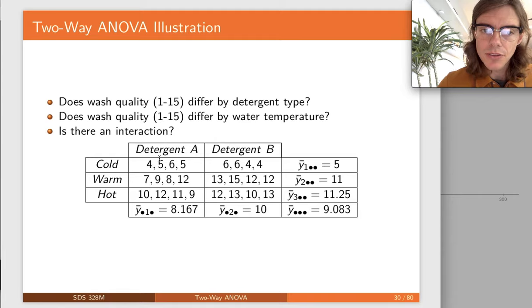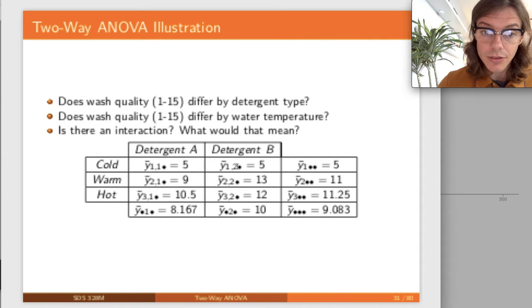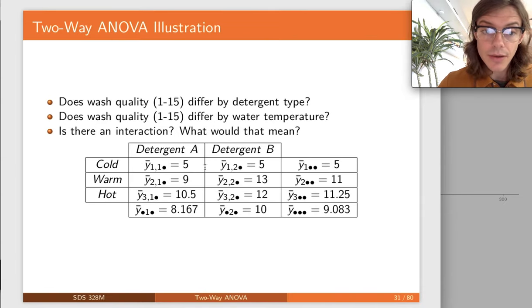If you average 4, 5, 6, and 5, that's 5, and if you average 6, 6, 4, and 4, that's also 5. Those are your two cell means there. Same for warm: detergent A in warm water had an average of 9, a little lower than detergent B in warm water, with an average of 13, and so on. So you can get those cell means, and then you could compute the sums of squares by hand.